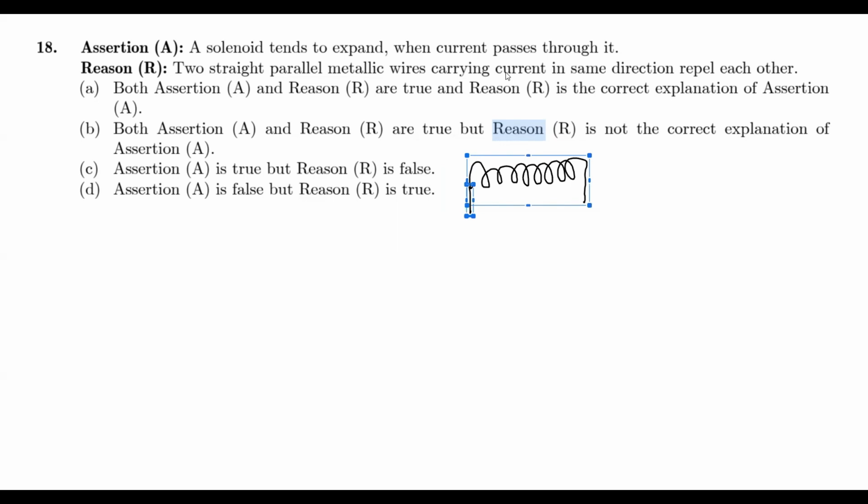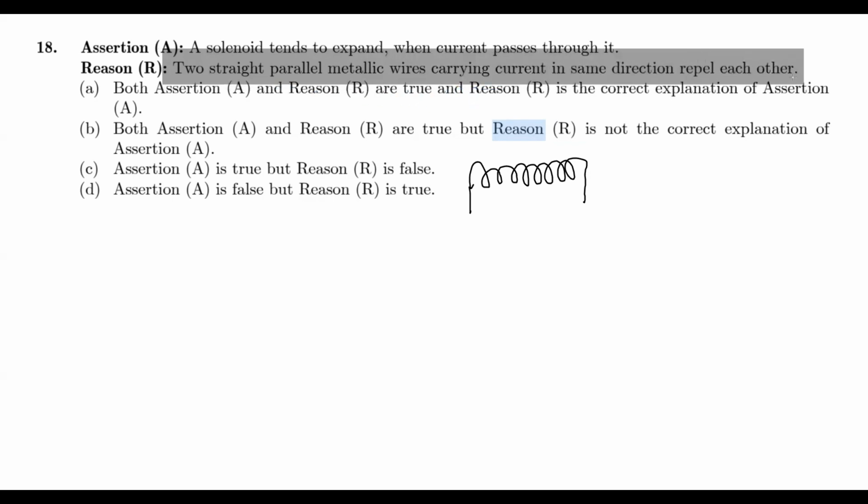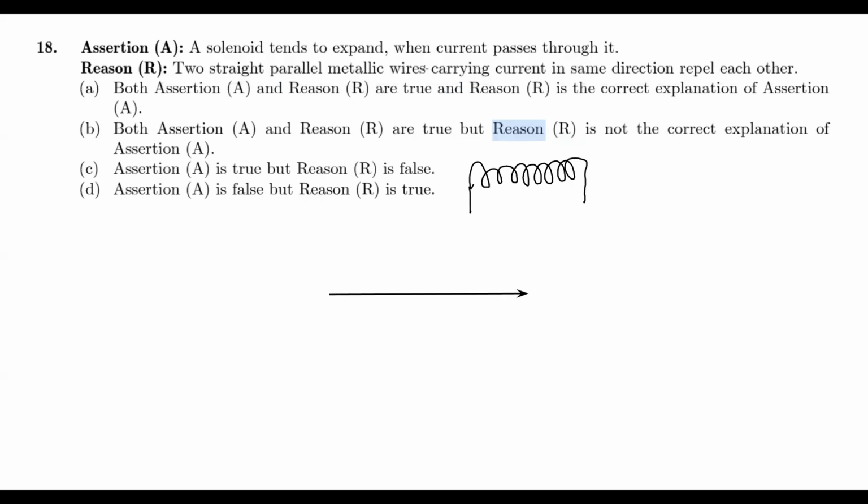Coming to the reason here, what is it? Two straight parallel metallic wires carrying current in the same direction. Yes, if the current flows in the same direction, a magnetic field will also be produced. I'll make a wire first. This is an arrow, this is a wire. This is another wire.